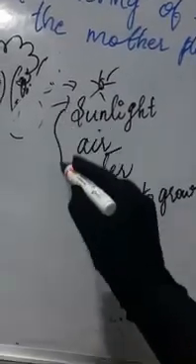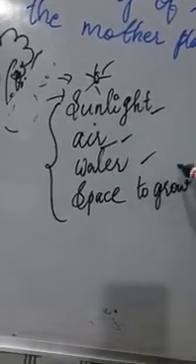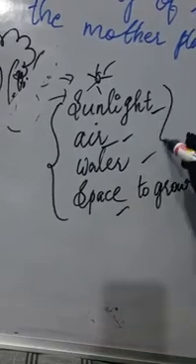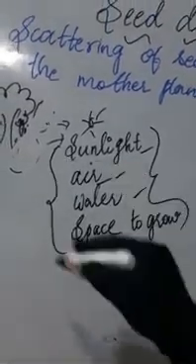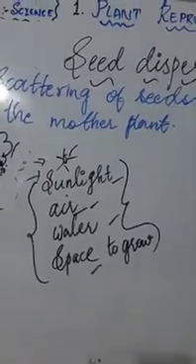If the seed gets all these things, sunlight, air, water, space, then only a plant will grow perfectly. Because of this reason, seed dispersal is important.